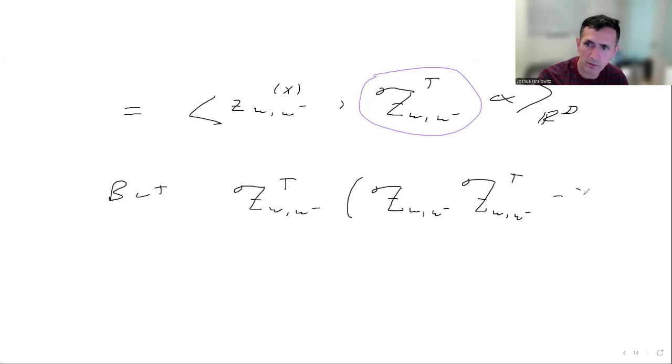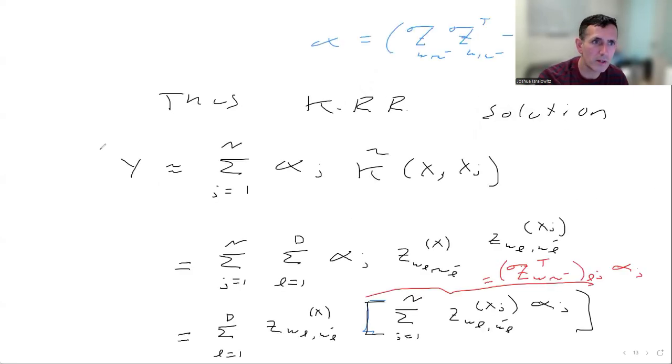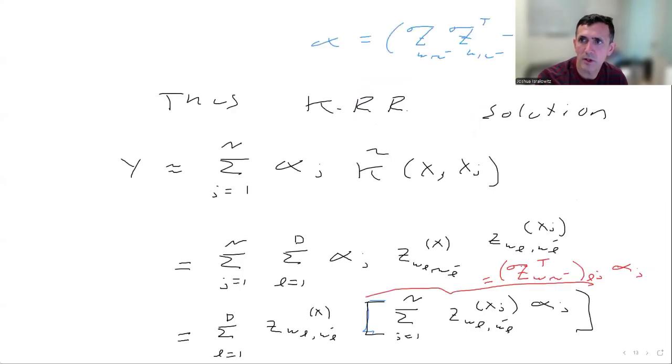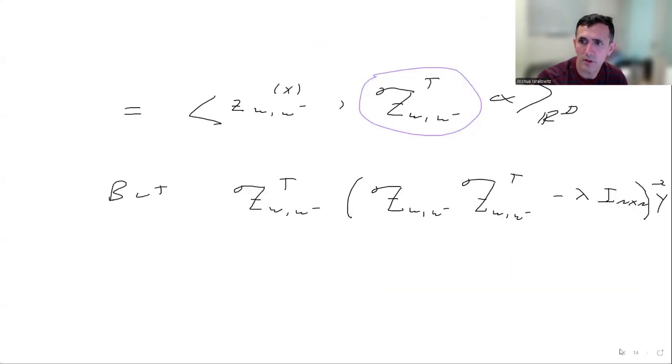So lambda I, and whoops, forgot the y. It should be y there. Remember, y is my output vector. So this is going to be, and I need to prove this.